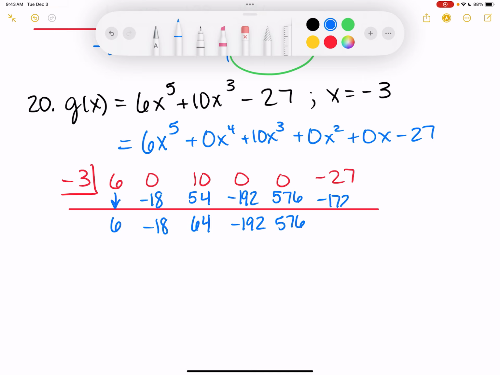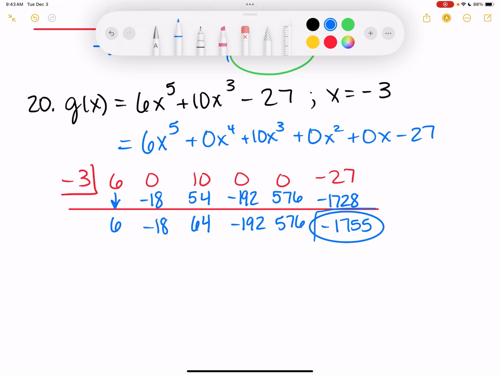And then minus 27. That's negative 1,755. I don't like the zeros.